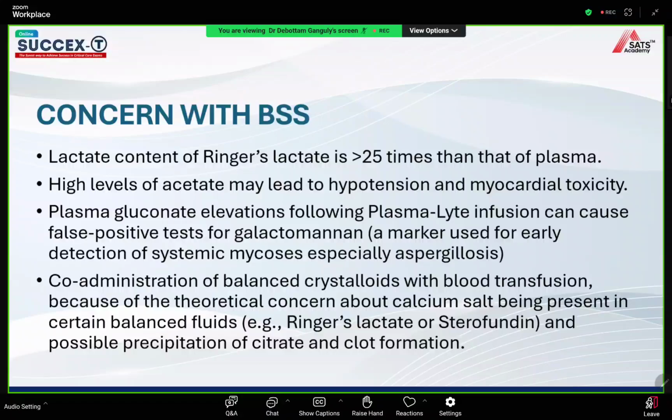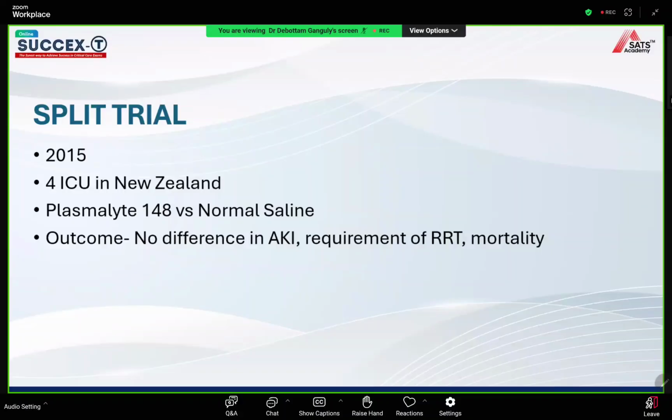Co-administration of balanced crystalloid with blood transfusion is a theoretical concern, because calcium salt is present in Ringer lactate or Hartmann's solution, and there is possible precipitation of citrate and clot formation if we use this solution along with blood. So these are the concerns.